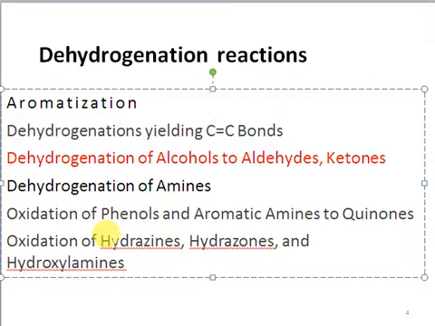So in today's lecture we shall focus on the dehydrogenation of alcohols that yields aldehydes and ketones, using organic reagents. In the previous lecture we saw that when we use inorganic reagents for the oxidation of alcohols, we get ketones from secondary alcohols in good yields. However, when we use primary alcohols, there is some problem of selectivity.